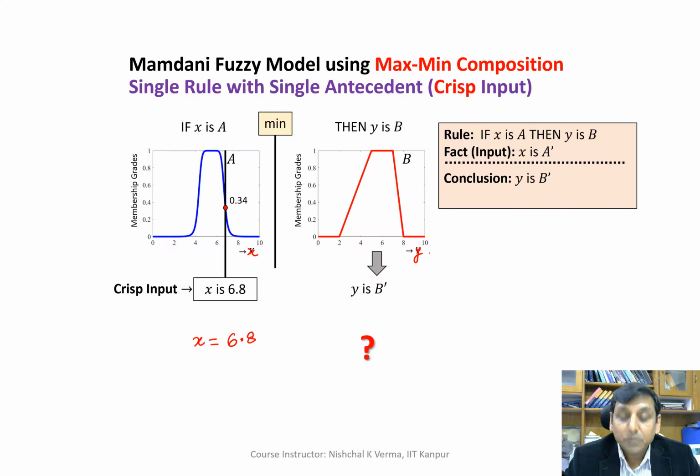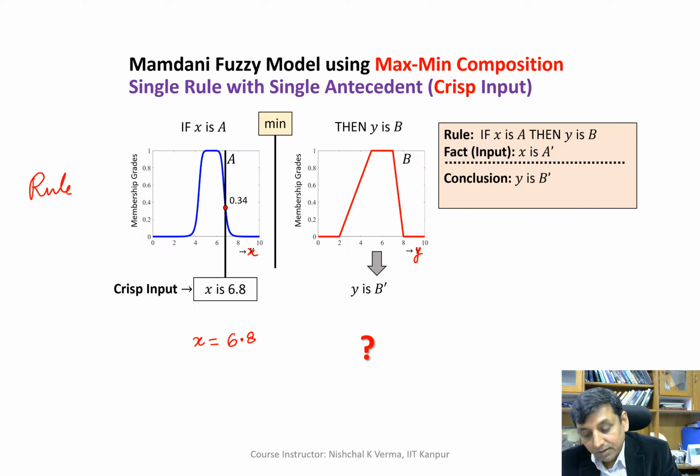So what we do here is we simply take this fuzzy set as the input. Let us have a fuzzy set A like this. Then we find the intersection point. We draw a line, you see here between 6 and 8 we have the point 6.8.